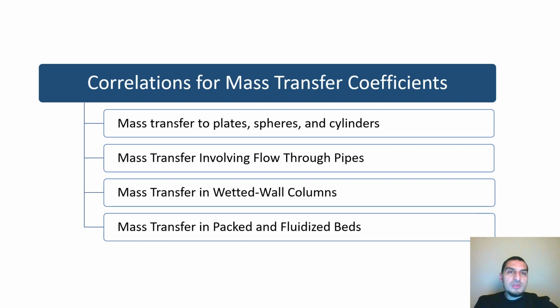The other is how to pick the physical properties, because it's very, very important. For example, if a liquid is evaporating, then you have 2 phases, the liquid and the gas phase. You have to understand which phase you are concerned with and which properties you are going to use, the liquid properties or the gas properties. This is something you have to keep in mind.